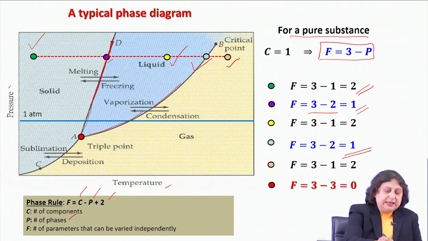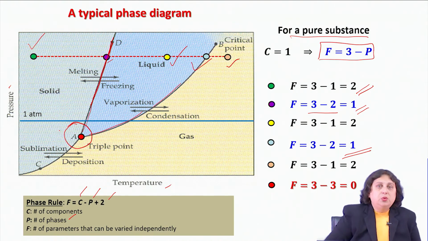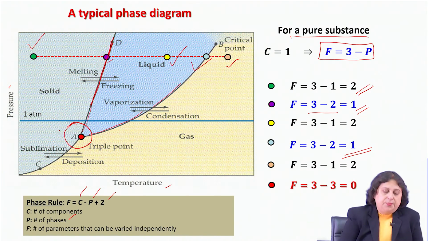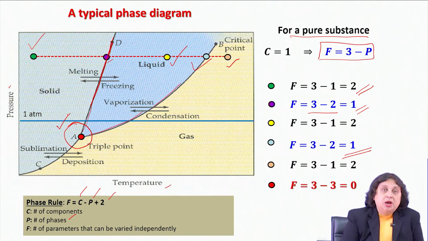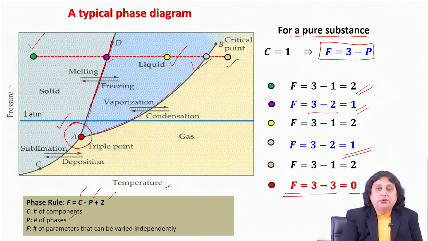But once again, I would ask you to look at this particular point. This is the triple point. At the triple point, by definition, how many phases coexist in equilibrium? 3. And therefore, for this pure substance, the number of degrees of freedom is equal to 3 minus 3, which is equal to 0.